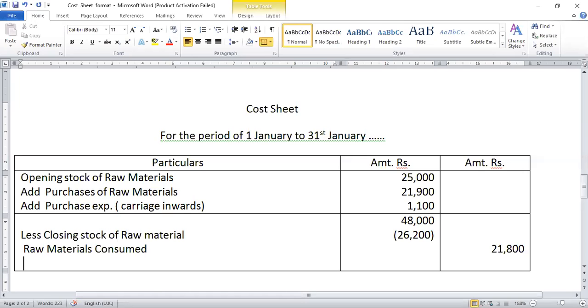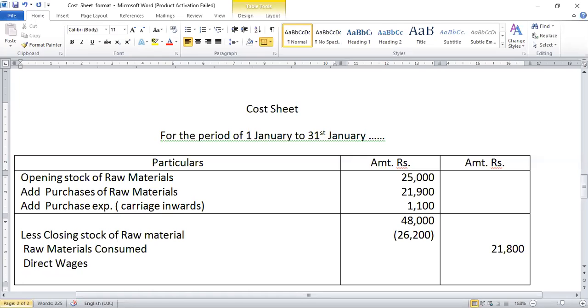Then direct wages. As per our format, direct wages and direct overheads or direct expenses, as per the problem. So direct wages or direct expenses, whatever is given in the problem, write in the second column. See in our problem, direct wages is given 17,200.